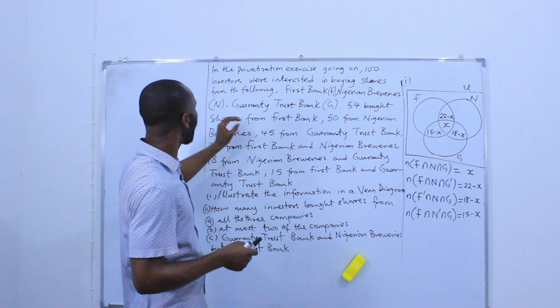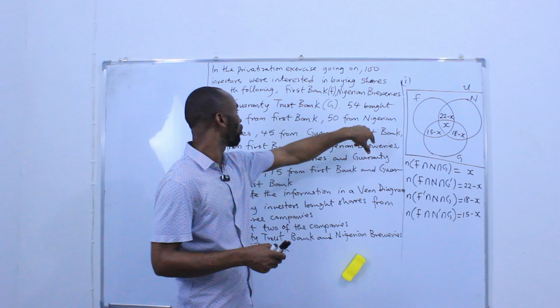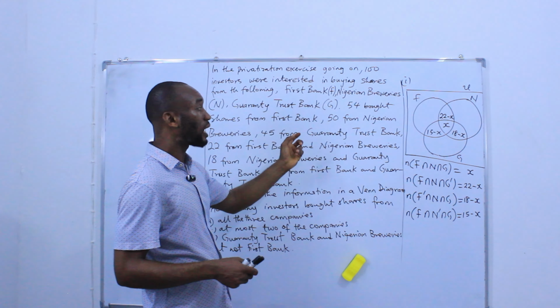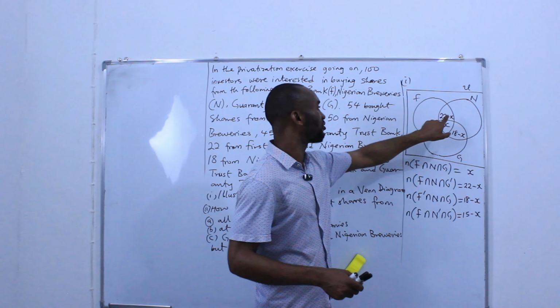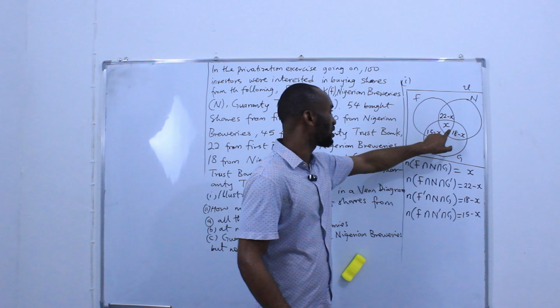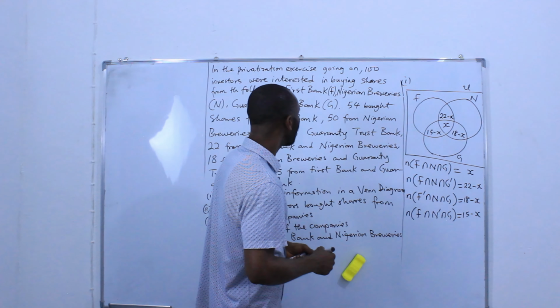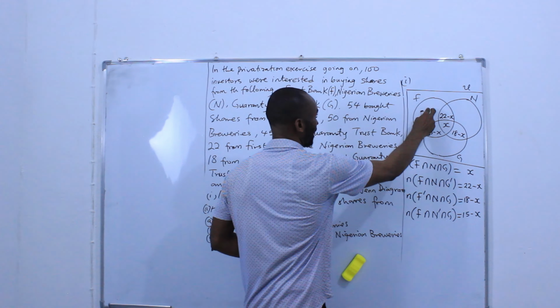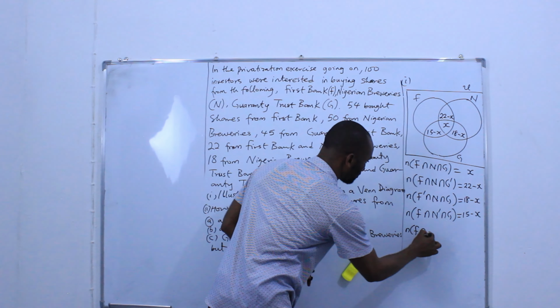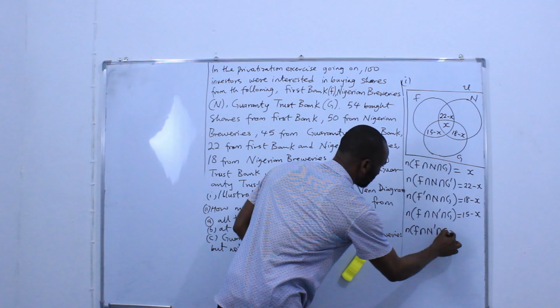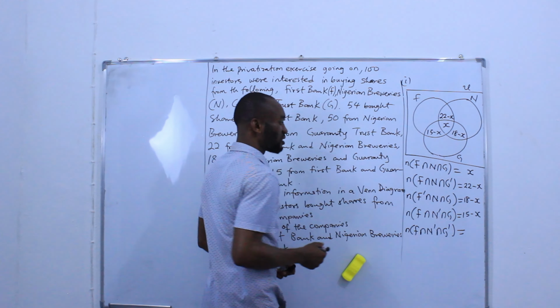But the information we have here is that 54 people bought from First Bank. So out of these 54 people, we have taken from that 54 to fill this place here and here. So that means if we must get the number that bought from First Bank only, the complement is on the N and G.